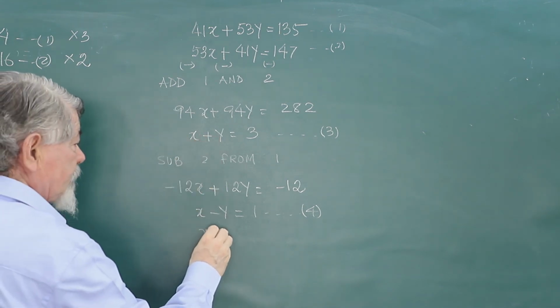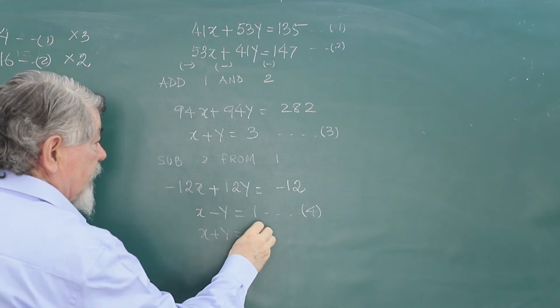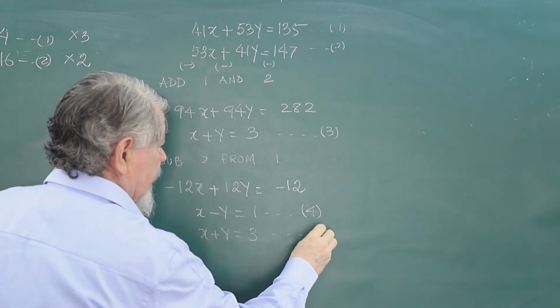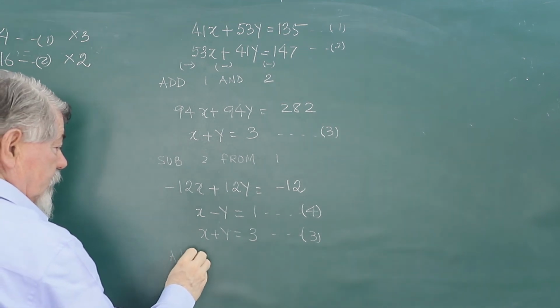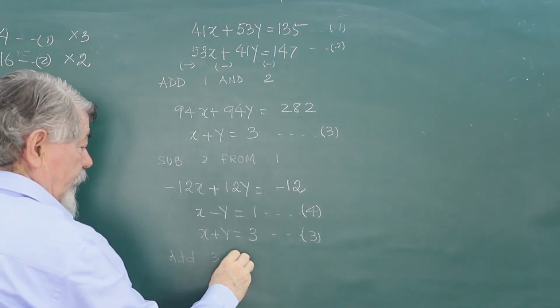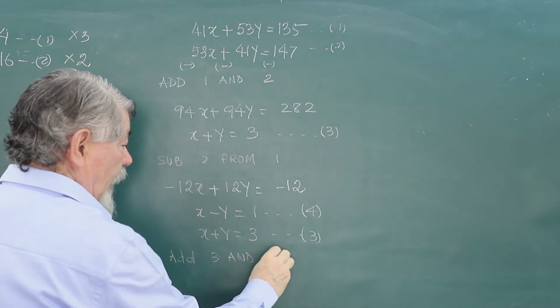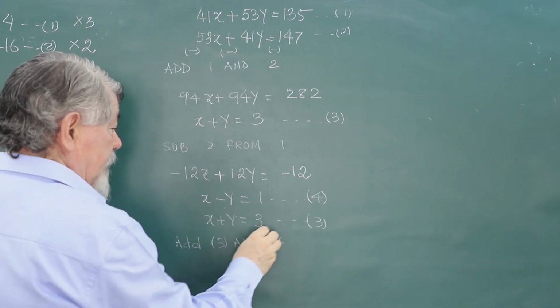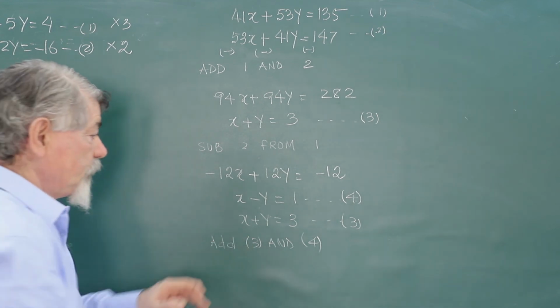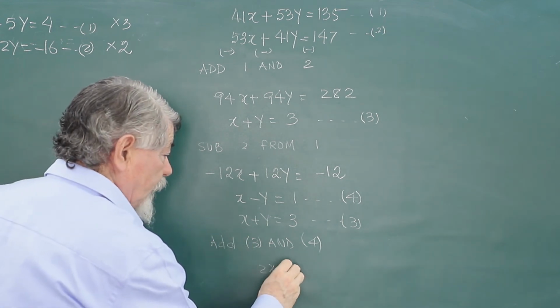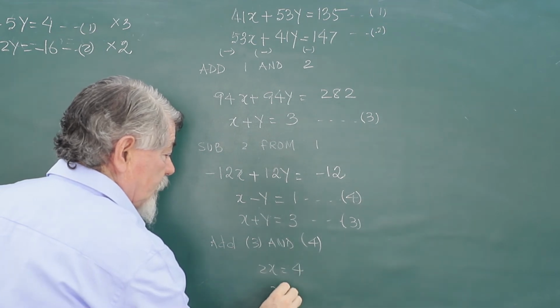What will I do? X plus y is equal to 3. This is equation 3. If I add 4 and 3, y terms will cancel. Add 3 and 4. Minus y plus y will add to be 0. 2x will be equal to 4, or x will be equal to 2.